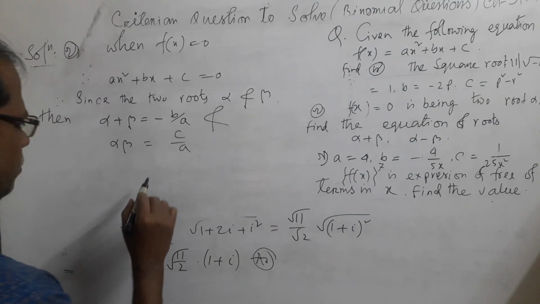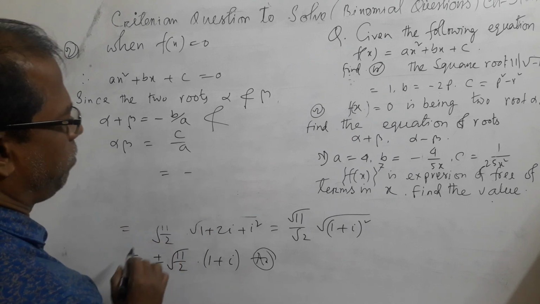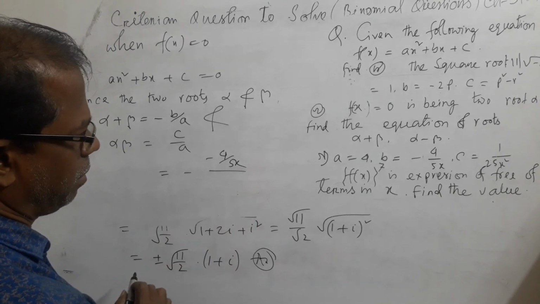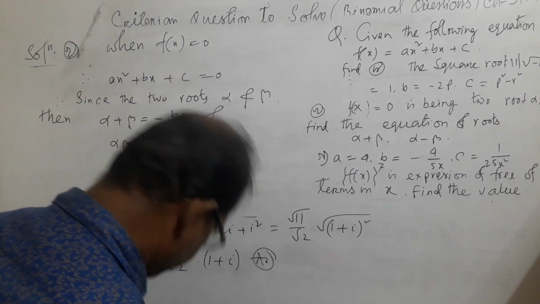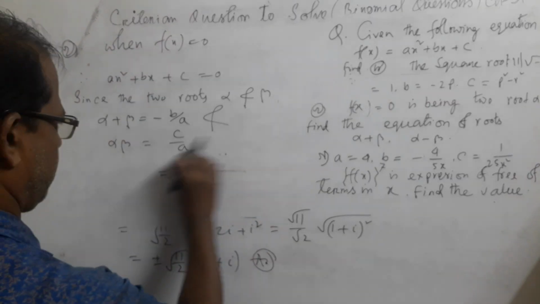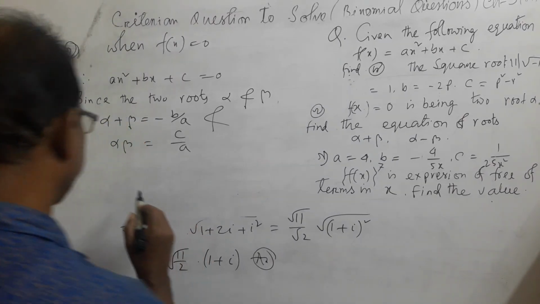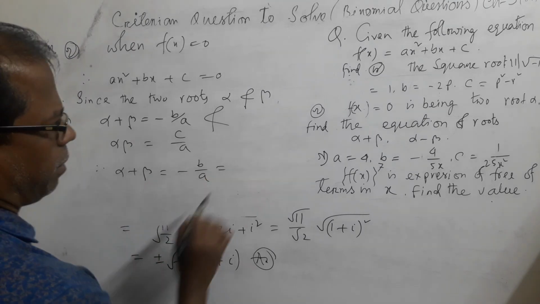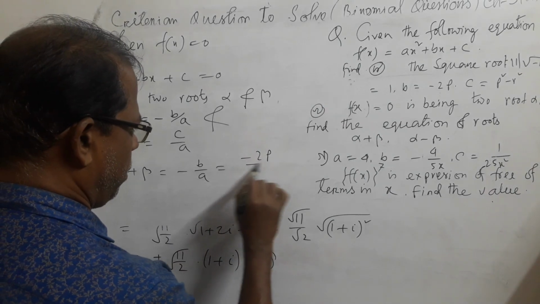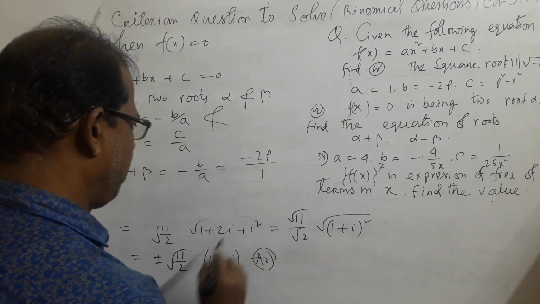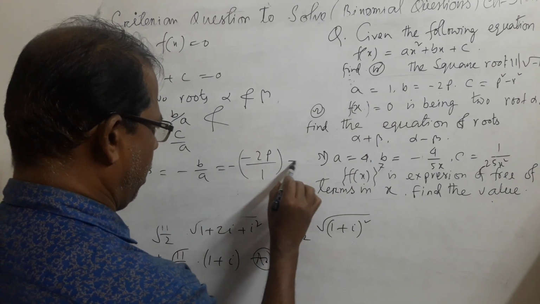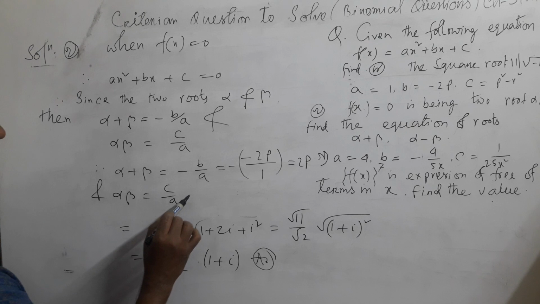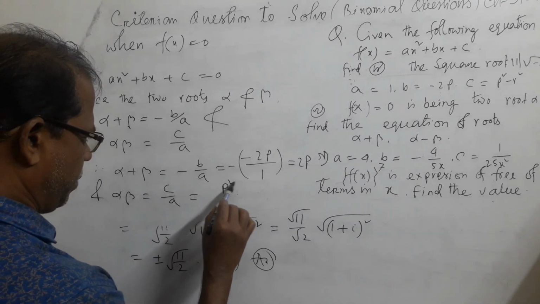That's why alpha plus beta equal to minus b divide a equal to 2p, and alpha beta equal c divide a, that is p square minus r square.